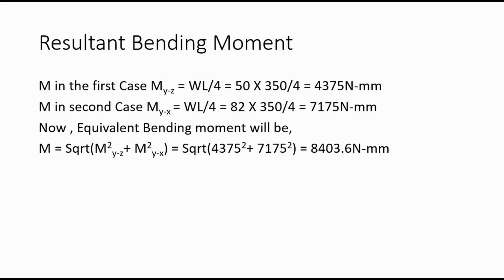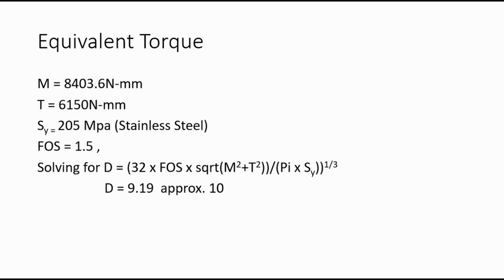In our case, M is coming out to be 8403.6 Newton millimeter and T is 6150 Newton millimeter and Sy is 205 megapascal for stainless steel.